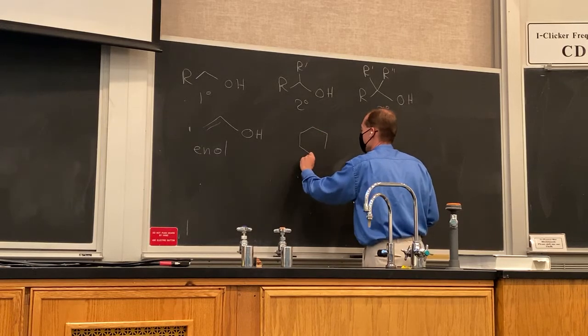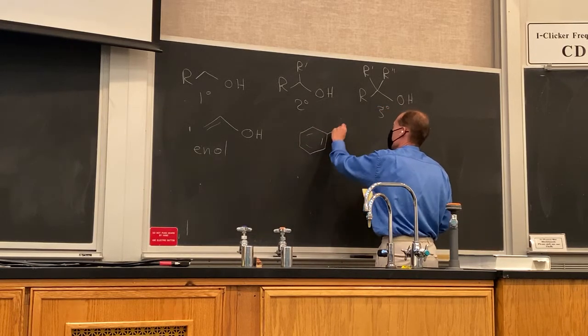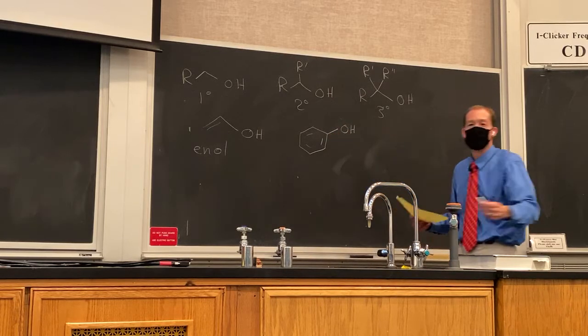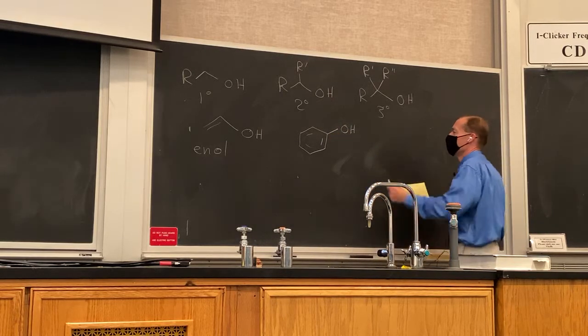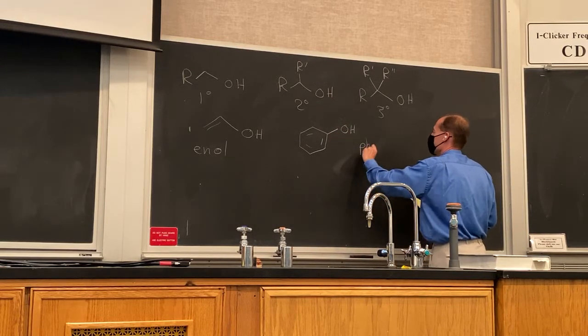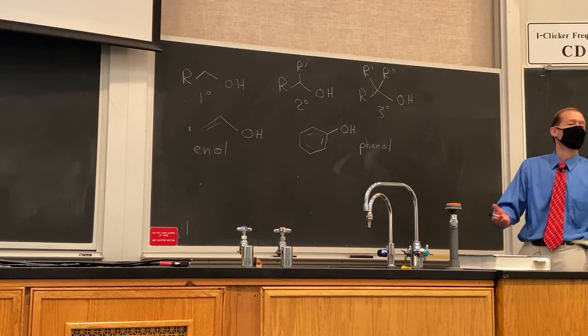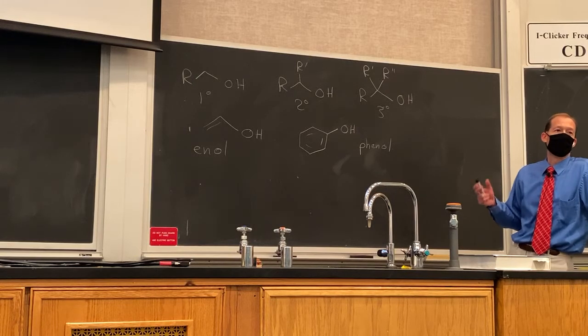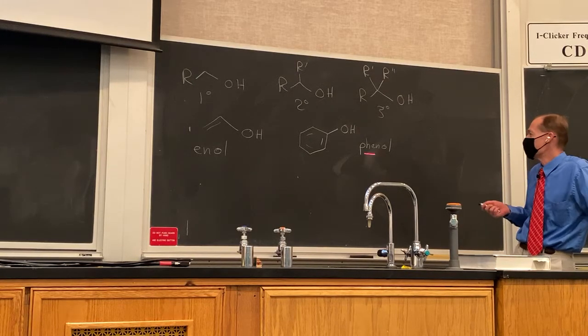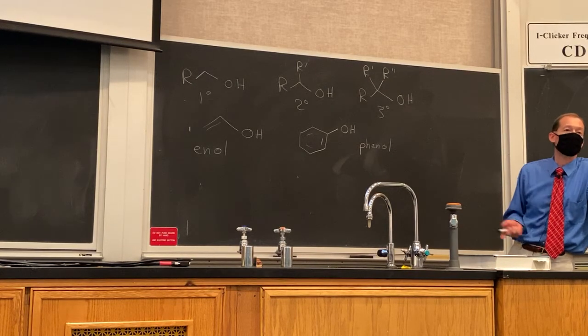And then if we have the OH group attached to a benzene ring or an aromatic ring, that is referred to as a phenol. So phenyl is a way of referring to a benzene ring as a substituent. So we would call this a phenol.